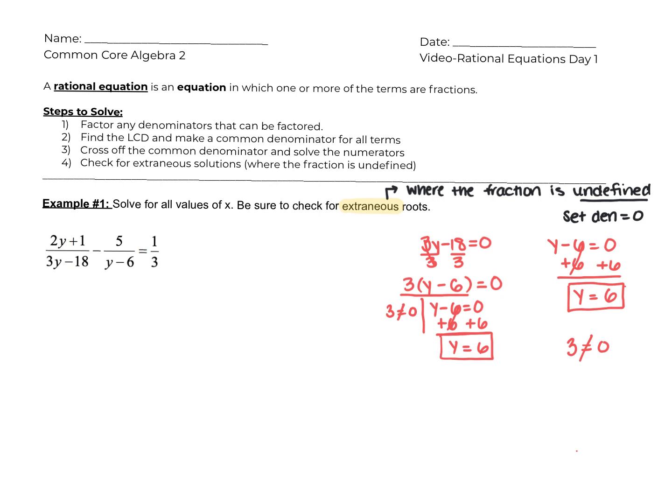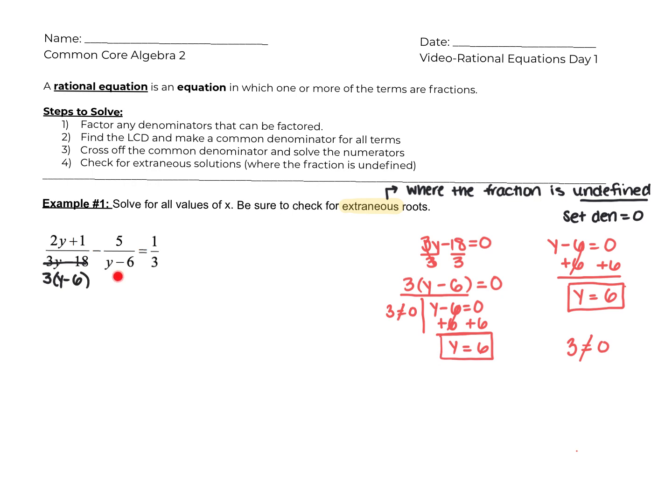Fine. So let's now go through the steps. Step 1 says factor any denominators that can be factored. It appears that this first denominator can be factored, and we kind of did it over here. Didn't I take out a GCF of 3 and I was left with y minus 6? So what that tells me is that this term can be simplified to 3 times y minus 6.